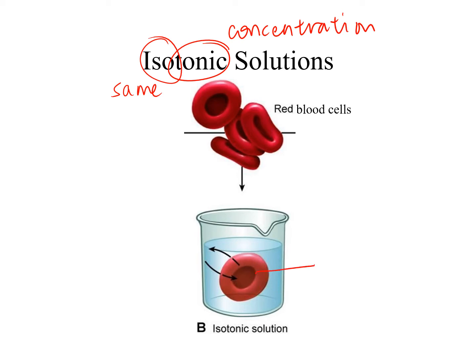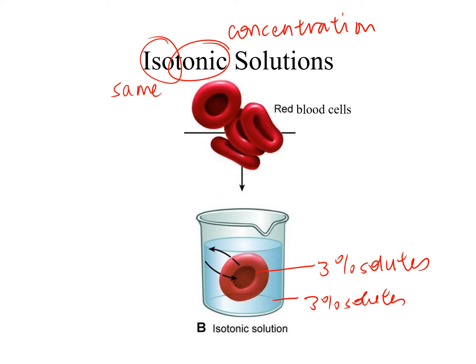Let's say that we have 3% solutes inside your cell, and let's say we have 3% solutes in the solution. Same, right? So the movement of water here is not going to cause this cell to shrink, or it's not going to cause it to bloat either. So the movement of water here, we say, causes no net gain or loss of fluids inside the cell.